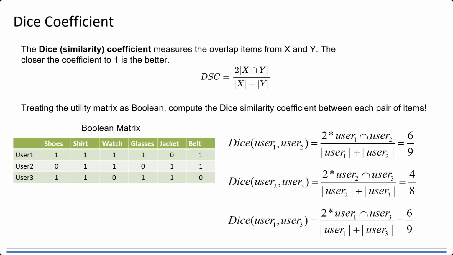And then the number of items in user 1 is 1, 2, 3, 4, 5, and the number of items in user 3 is 1, 2, 3, 4. And we get 9. So this is the dissimilarity using this formula.